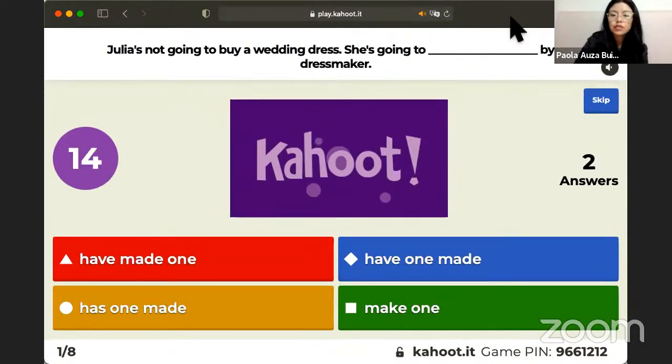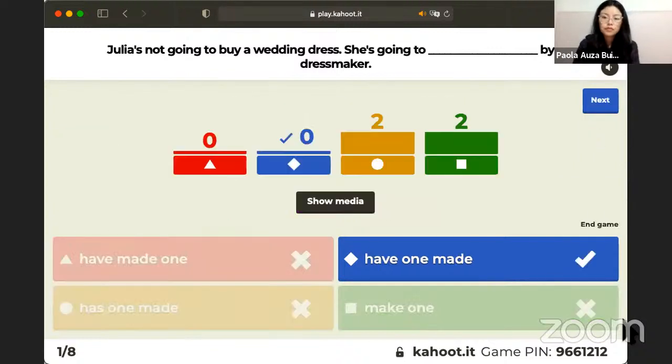Which one is correct? She's going to have one made by a dressmaker. Have, object, past participle. It's a causative verb, no? Object, past participle. And she is the subject.